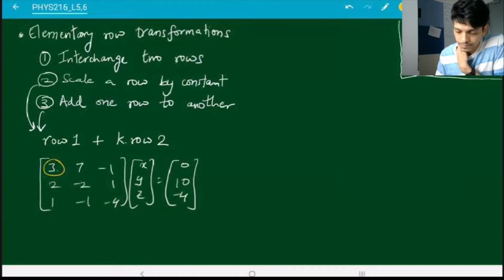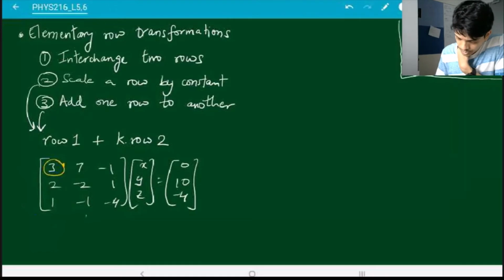Or you will notice that this element over here is 1, so you can also just interchange these two rows, because you're allowed to interchange rows. That way you'll get a 1 in the 1 position. So let's do that.